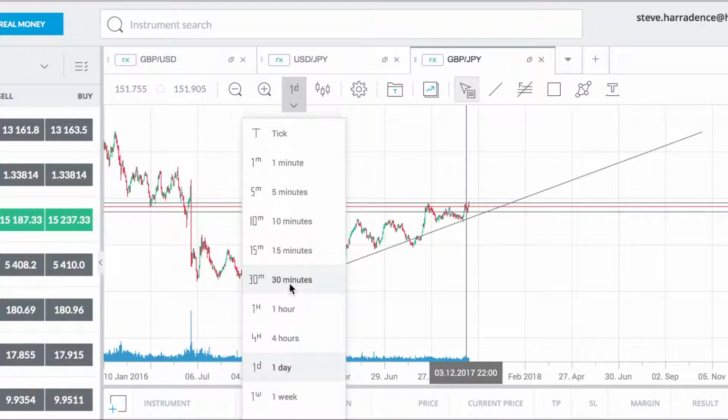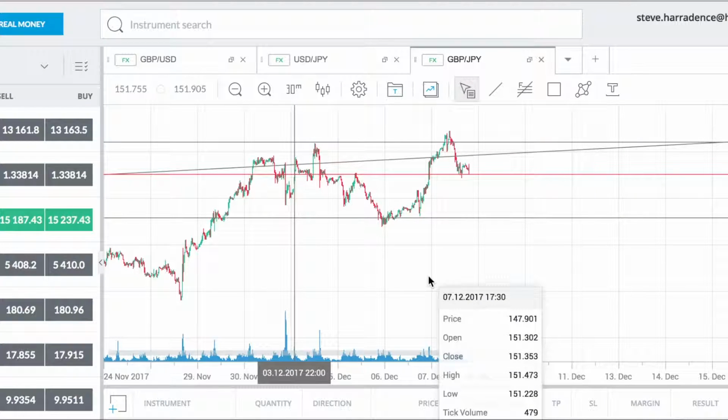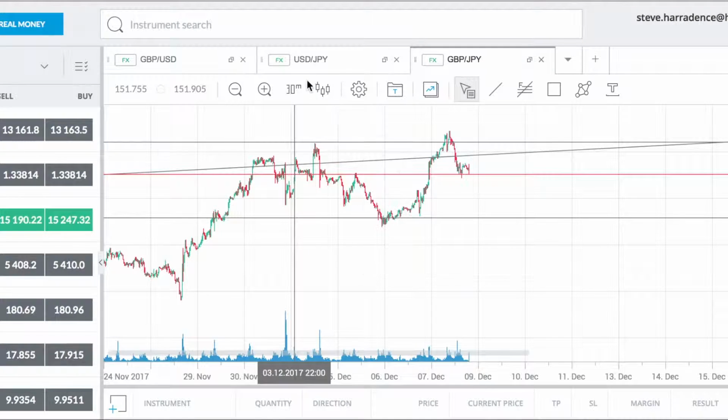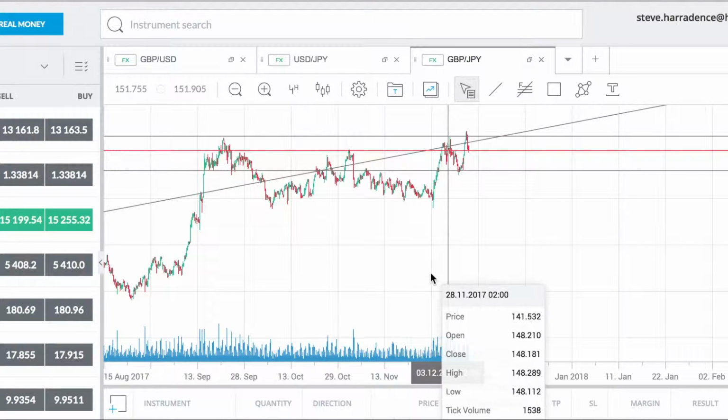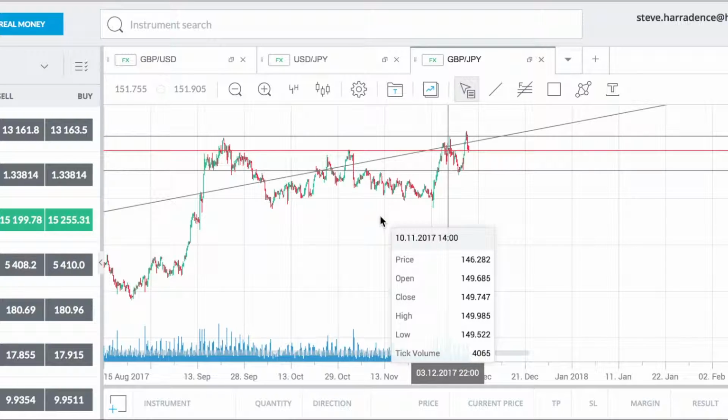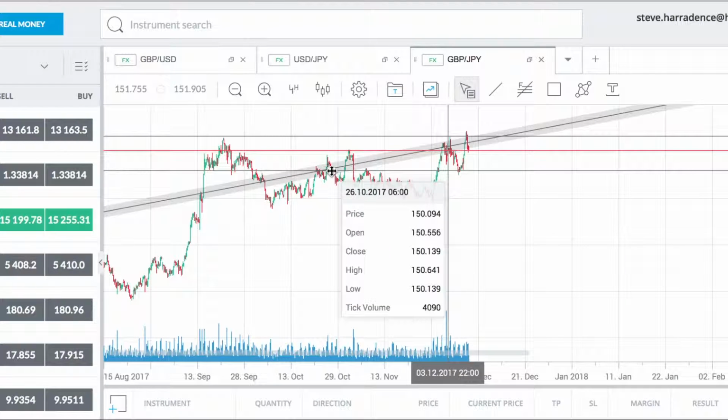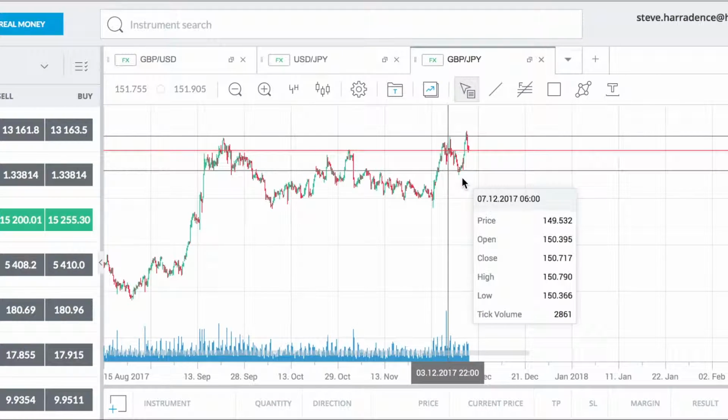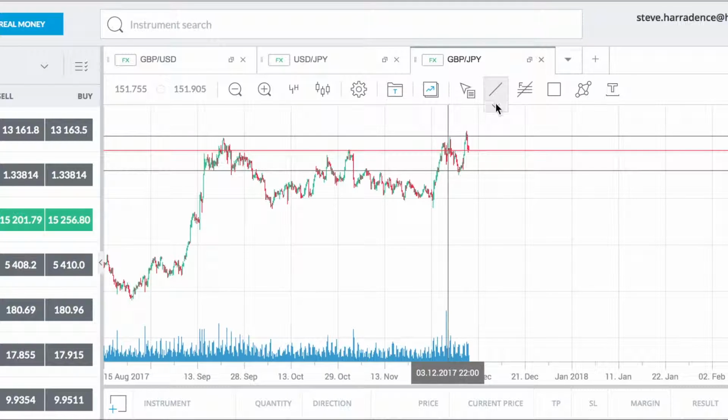That's more long term, so all your long term traders out there. Go back to 4 hours, you've got loads of potential support levels here on the 4 hour chart.